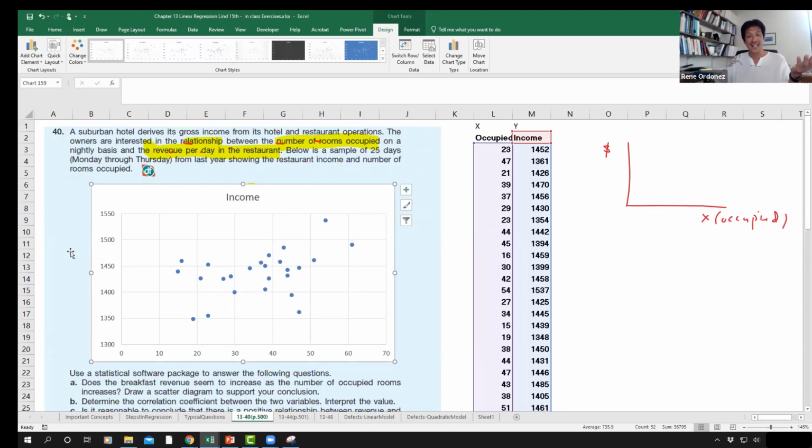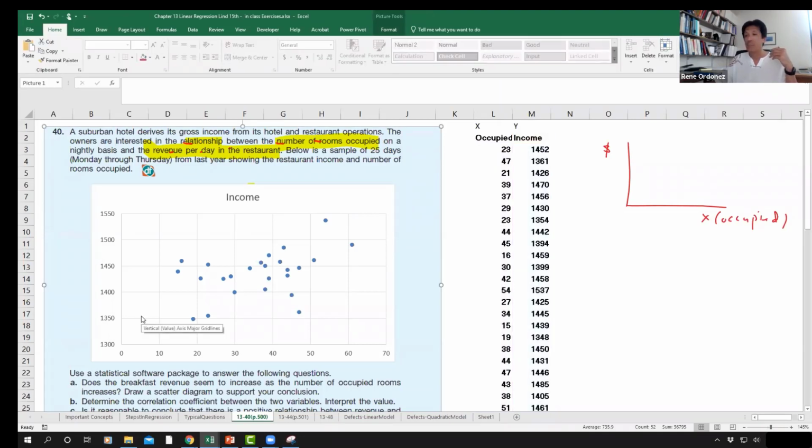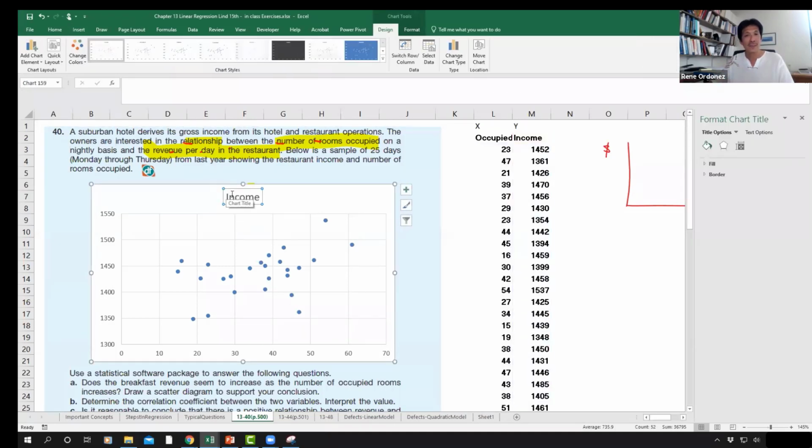As it stands now, we can't tell unless you read the problem. So I would encourage you, every time you create an XY chart, to label it as completely as you can, maybe starting with the title, and then creating a y-axis label and an x-axis label.